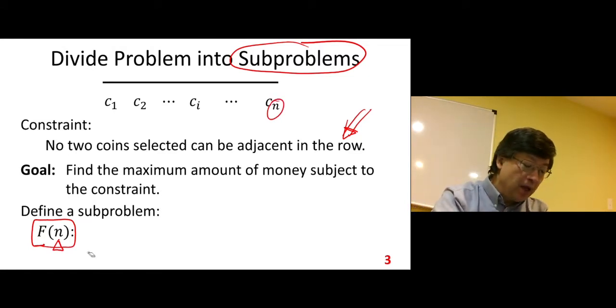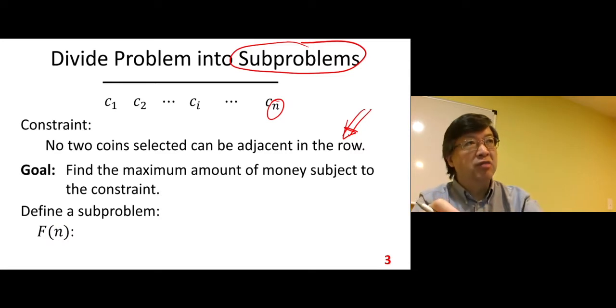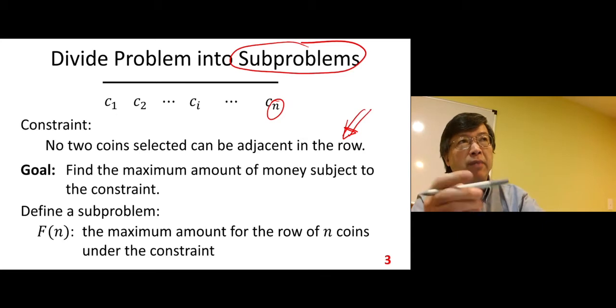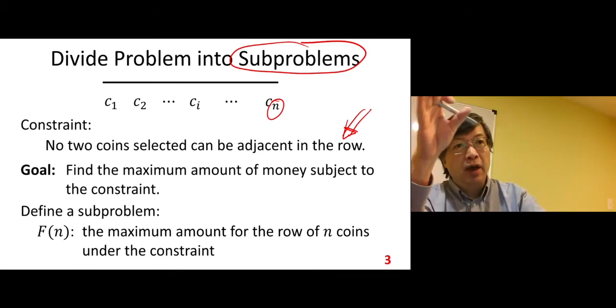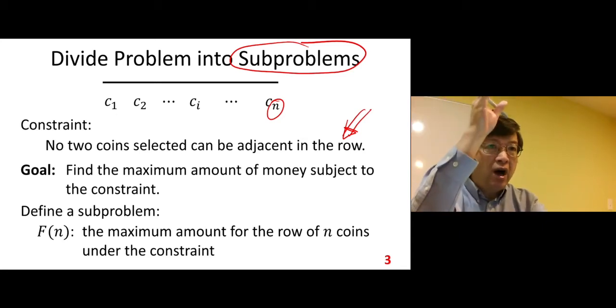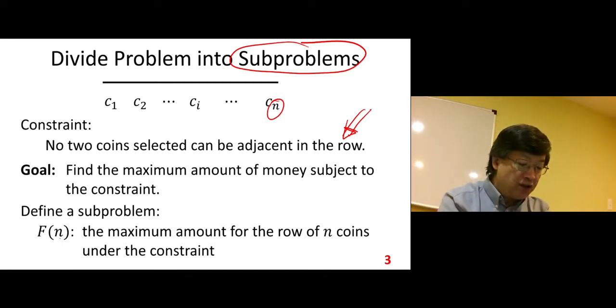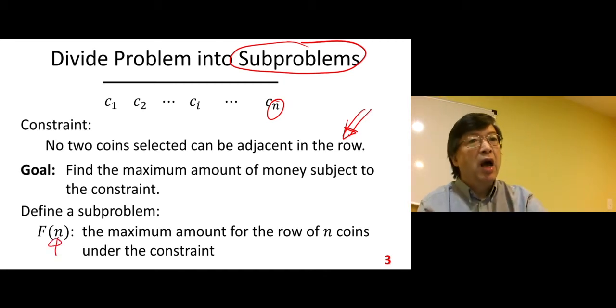What is the meaning of this function? The maximum amount of money for a row of n coins under the constraint.